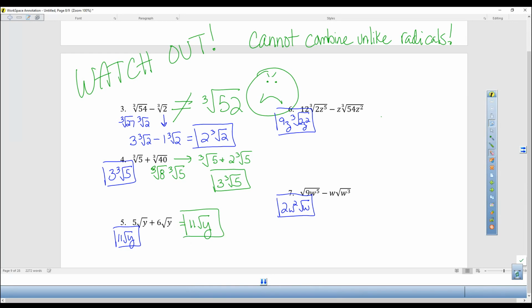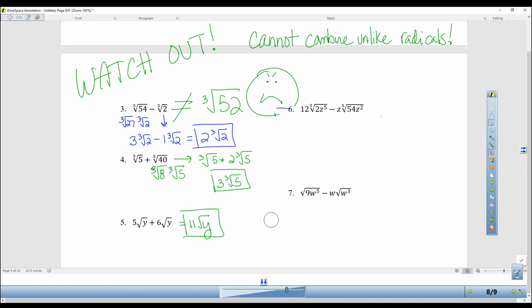Okay, on this next one, it's looking a little cluttered. I'm going to take away my extra answers now that I have them. The next one is, I'm going to break this down. So I can do the cube root of z cubed. I cannot do the cube root of 2 and the other 2 z's.